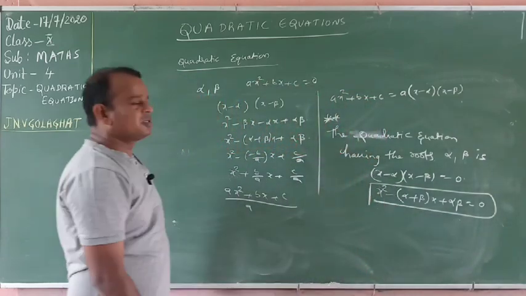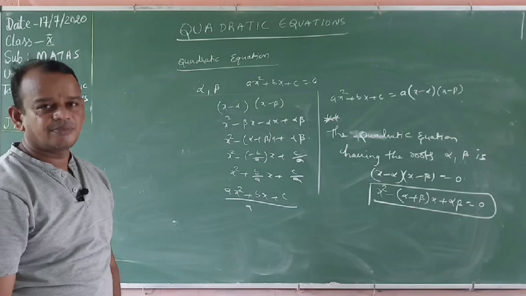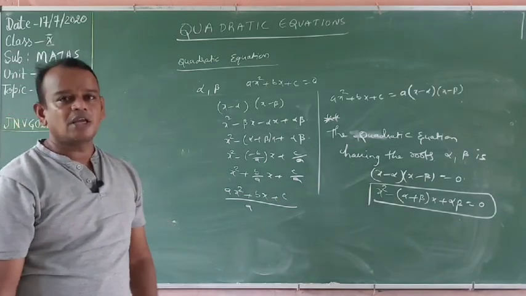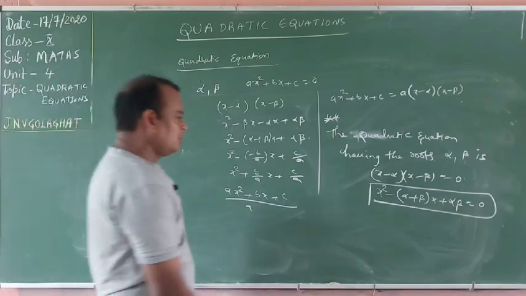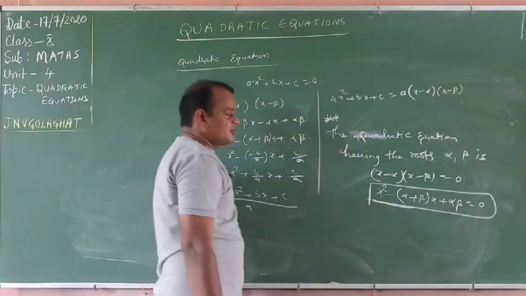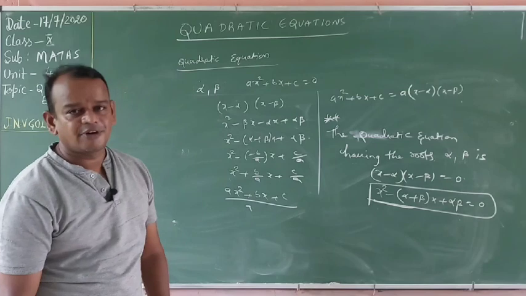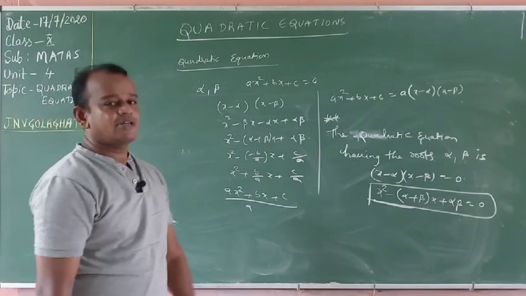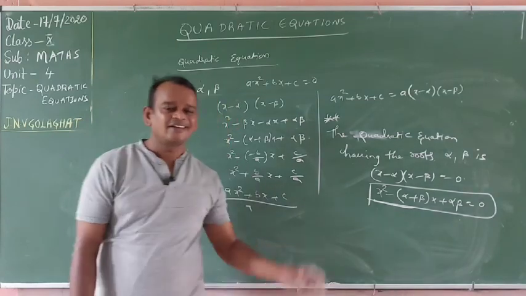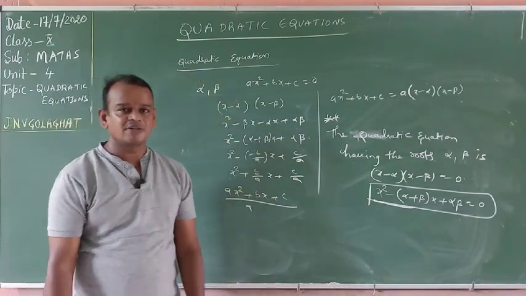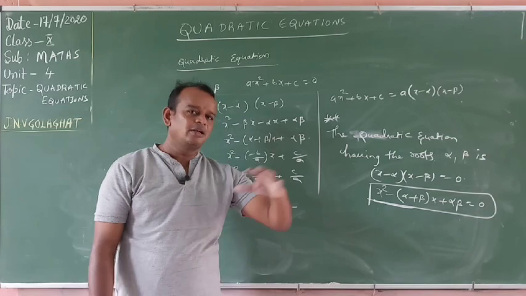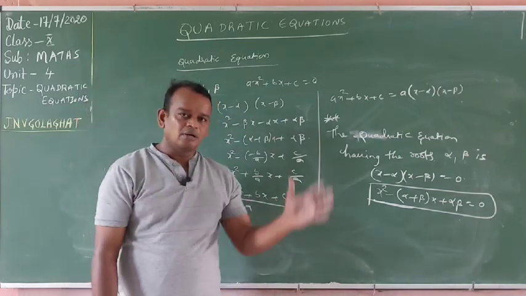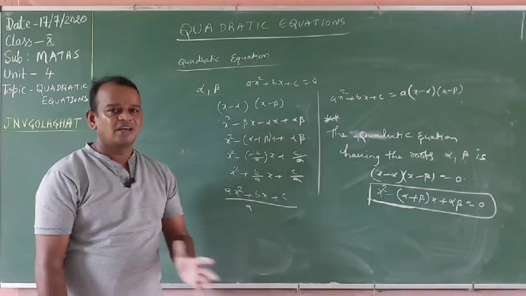Whenever the roots are given, we can find the quadratic equation. The formula is x square minus alpha plus beta into x plus alpha beta is equal to 0. Understand? Okay students, this is the introduction part of the quadratic equations. Please read all the formulas, once again read all the formulas, and do the exercise.